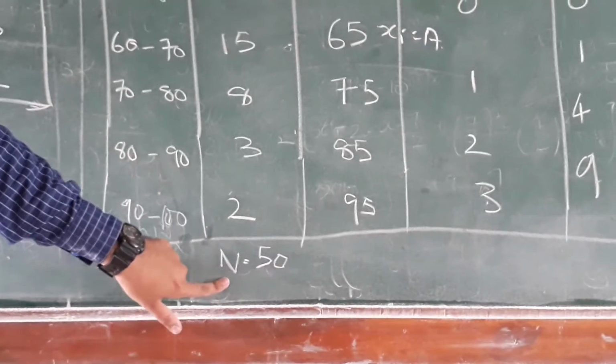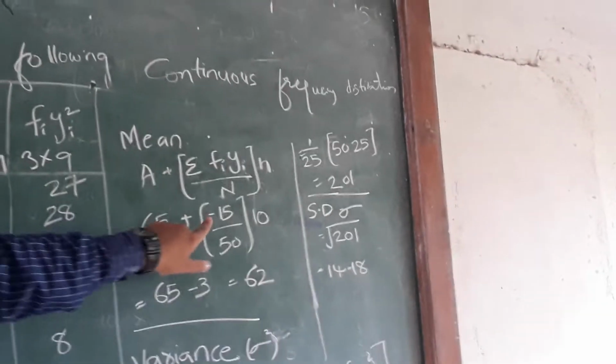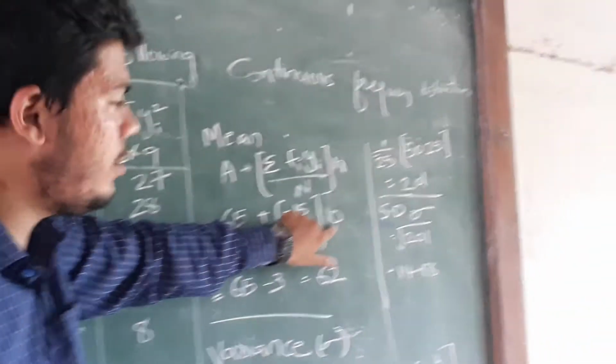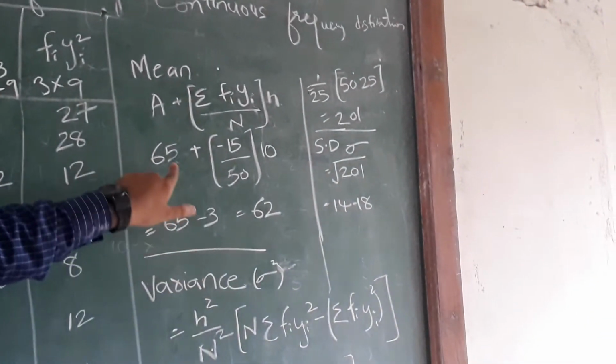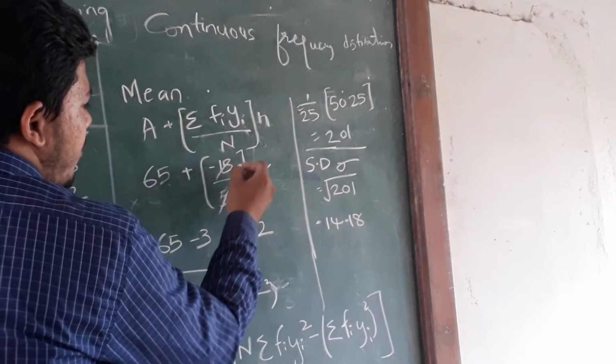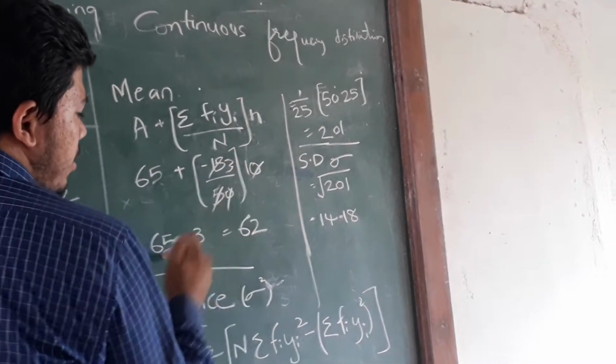What is n? The complete sum of all the terms, n is 50. Minus 15 by 50 into h. H is the class interval, a difference of 10 is there, so 10.